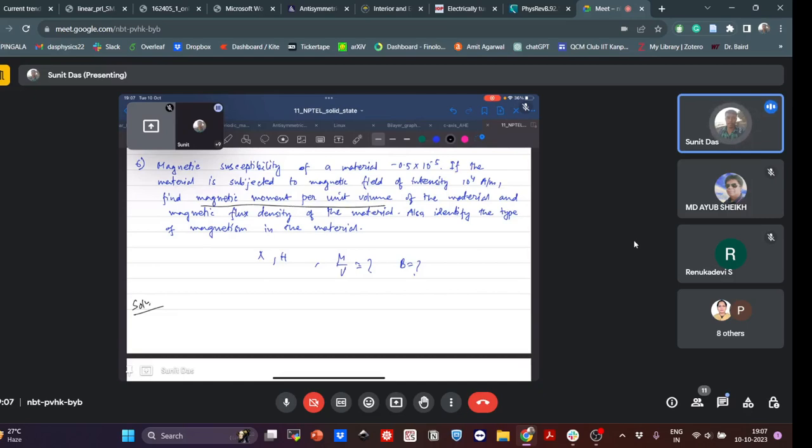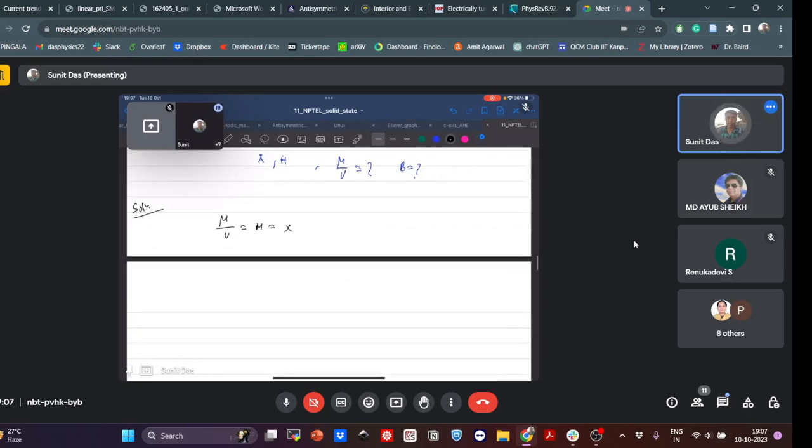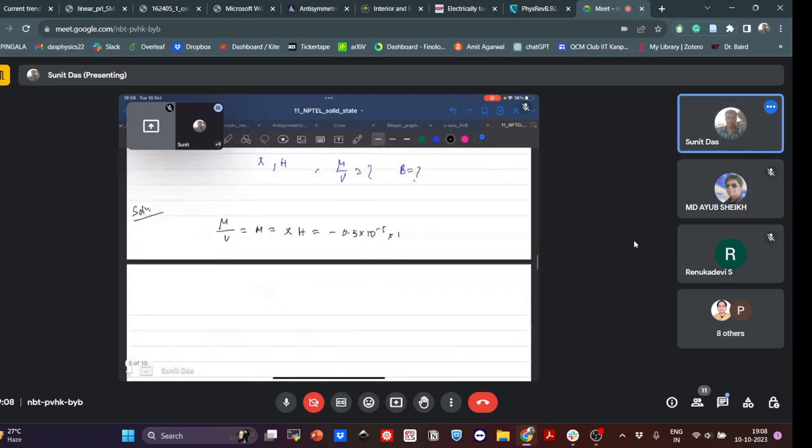So magnetic moment per unit volume, and then B, magnetic flux density. Magnetic moment per unit volume is itself called magnetization, right? And the formula for magnetization we have seen is chi H. So this will be minus 0.5 into 10 to the power minus 5 into 10 to the power 4.